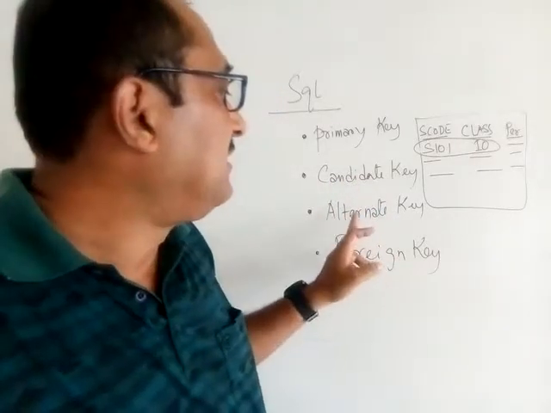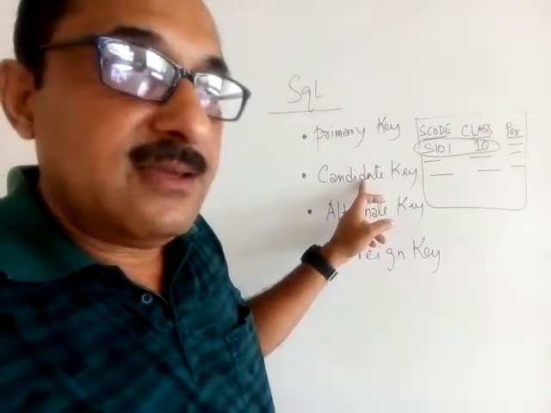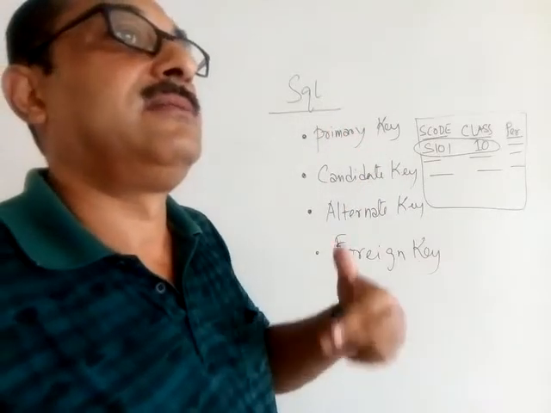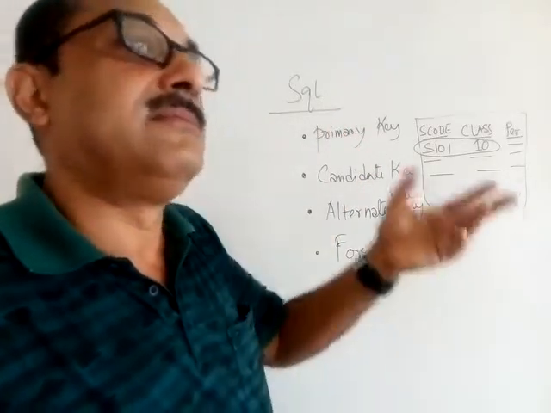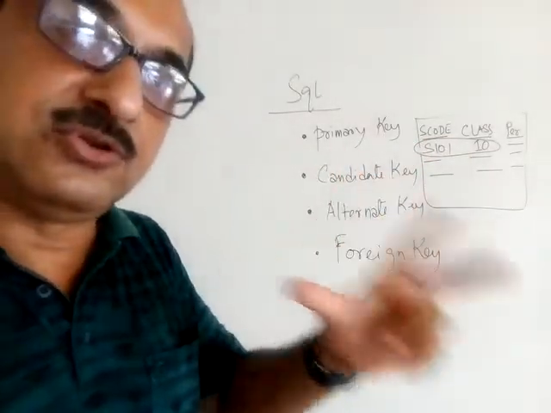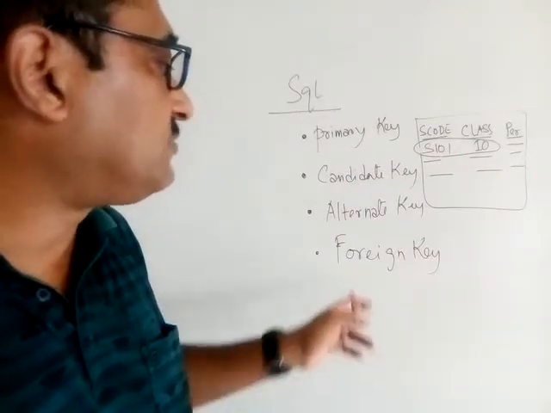So we can say that alternate keys are all candidate keys, but not the primary key, which are capable of representing a row in a unique manner. Fine. And the last one is foreign key.